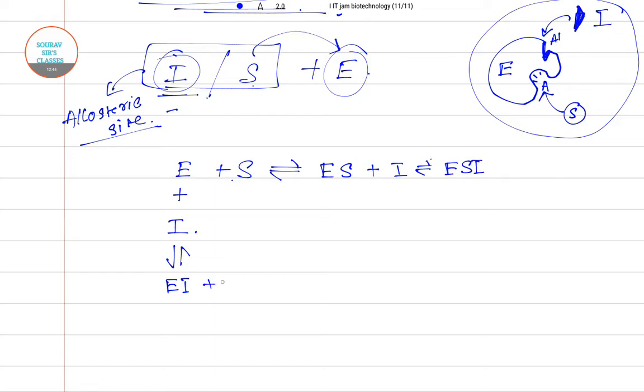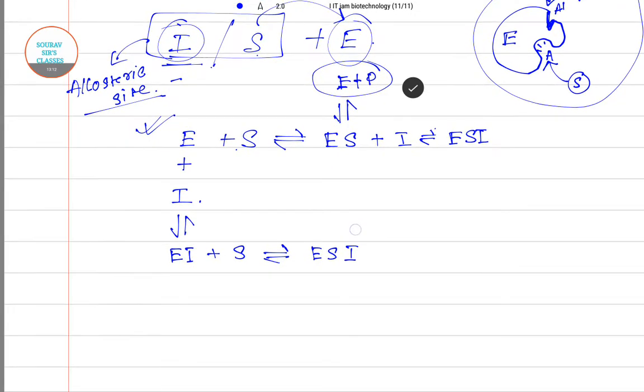And also there is binding like this, ESI. So there are different ways in which this ESI complex can be formed. Also from this ES complex, the formation of EP can proceed, that is the enzyme and the product.